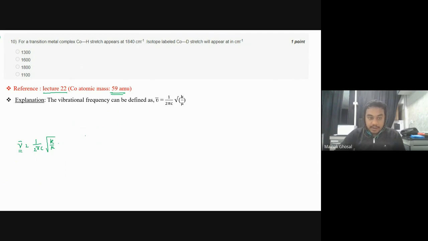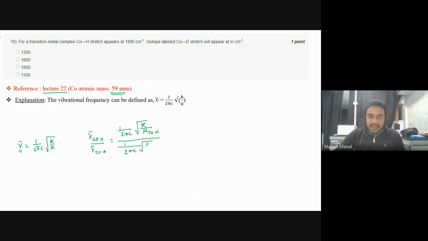Okay. Now I am writing nu bar of COD by nu bar of COH. You will find that it is 1 by 2 pi c root over k by mu.